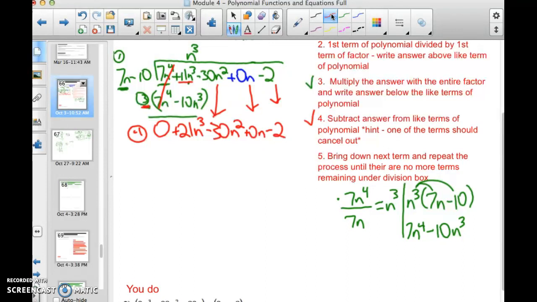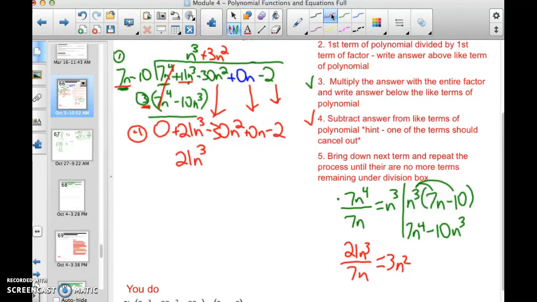Now, it's the same thing. My first term divided by the first term. In this case, 21n cubed divided by 7n. In that case, it is 3n squared. That answer goes up here, and it's a positive 3n squared. Please put plus if it's a positive. All right, then step 3 says multiply the answer with the entire factor and write the answer below the like terms. 3n squared times 7n is 21n cubed.